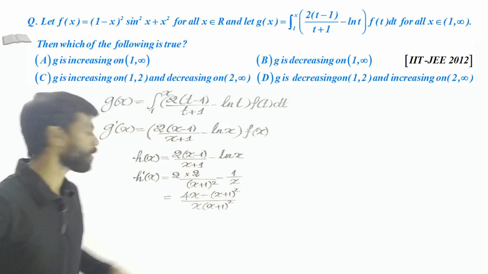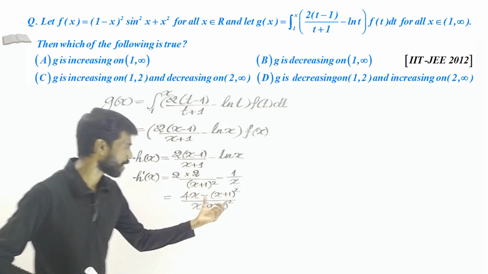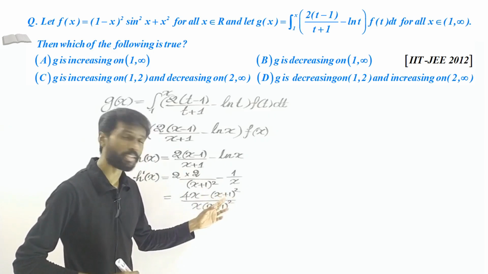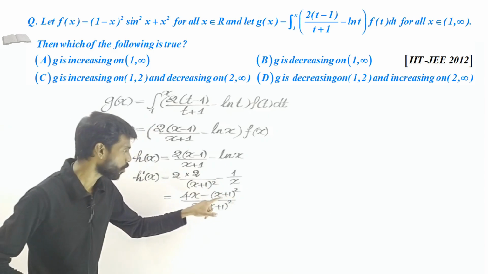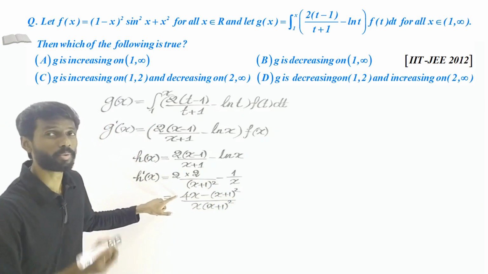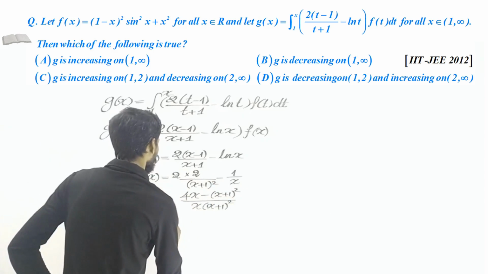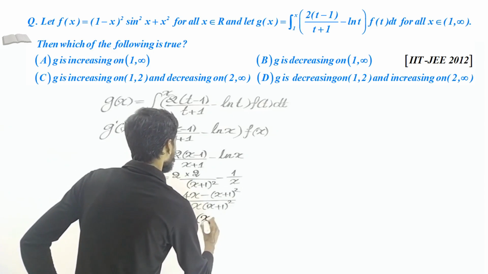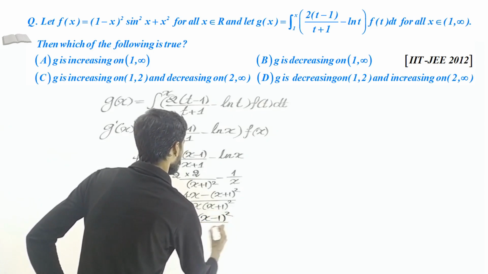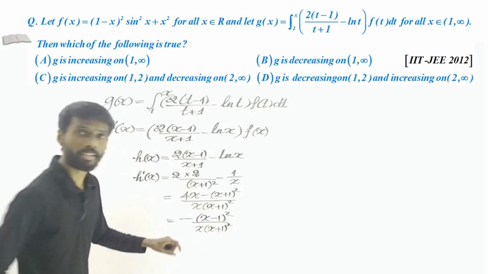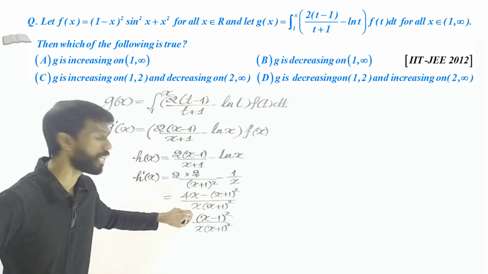Now is this always positive or negative? The numerator is minus x square minus 2x minus 1 plus 4x, that becomes plus 2x. So it is simply minus (x minus 1) squared divided by x multiplied by (x plus 1) squared.